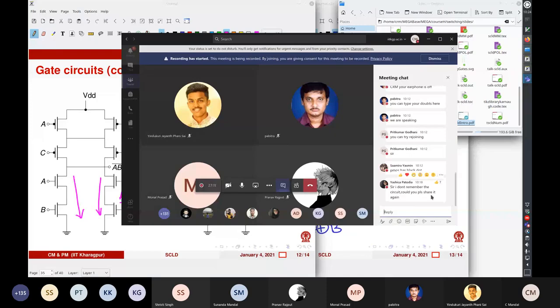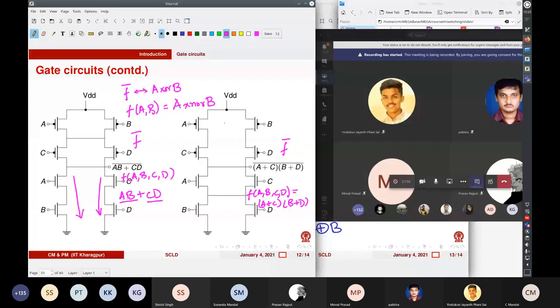Yeah, so can you use that principle now to get the structure of the XOR gate? So you consider the truth table of XNOR, all right? Identify the situation when XNOR is true, and under those conditions you provide a conducting path to the ground, and then once you have done that, just the series parallel dual of the NMOS network will be your PMOS network.